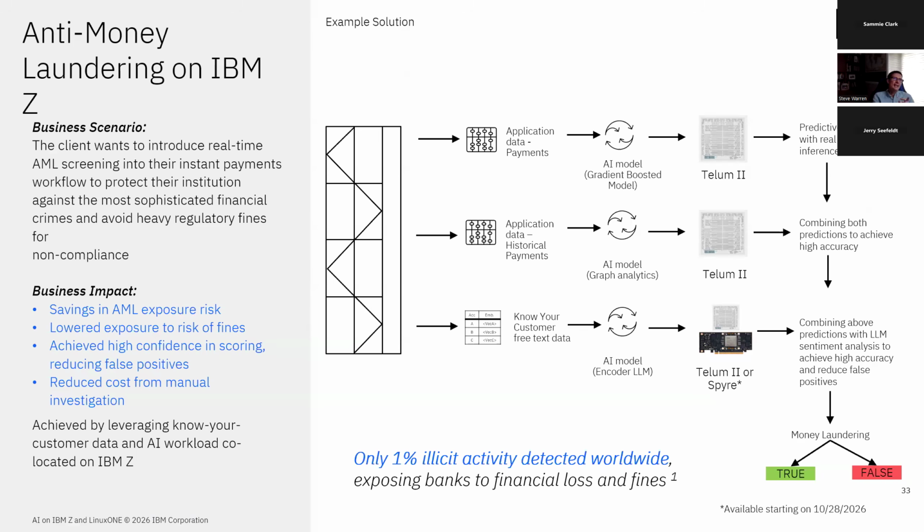Second one, is this following a deposit pattern which is well known to money laundering, that I can detect a trail using what's called graph analytics to detect a pattern in the way that things are deposited, like A to B to C to A, for example, it might be a typical pattern. Of course, they're much more complicated than just those. And then I might also use know your customer free text data. All three of these things can come together to help give me a better insight.